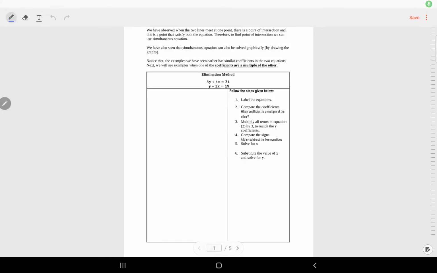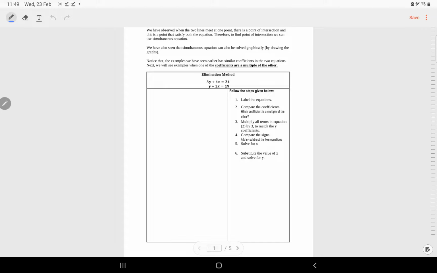In our previous video, we looked at one of the applications of simultaneous equations, which was finding the point of intersection. From your homework exercise, we had a look at the two graphs.